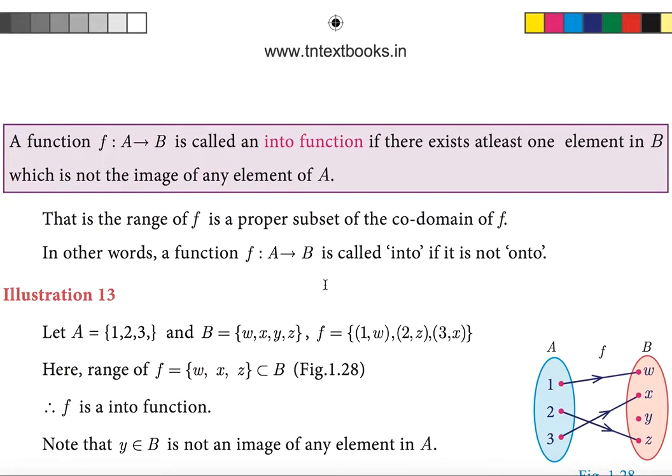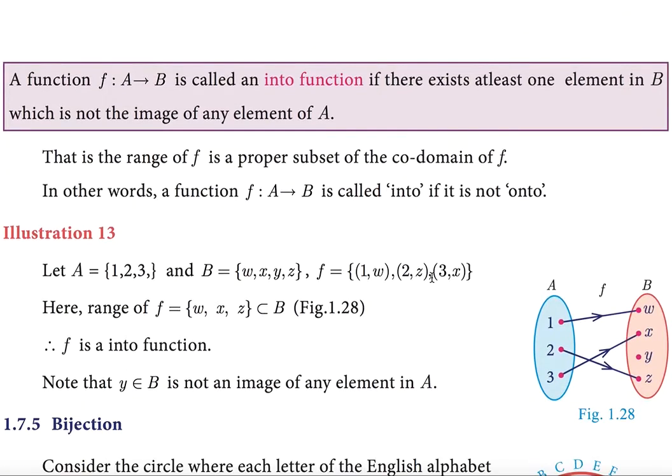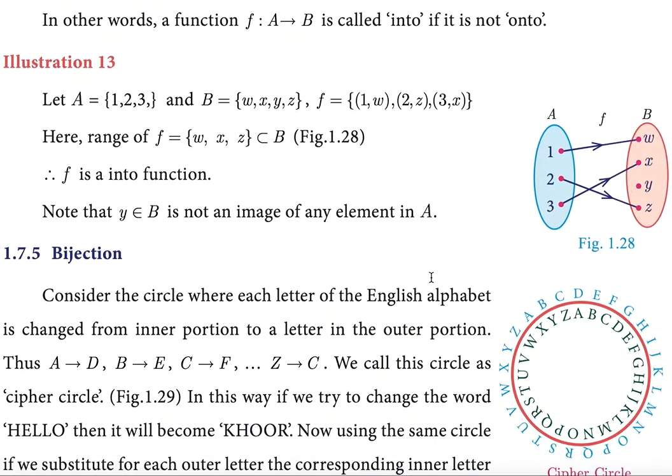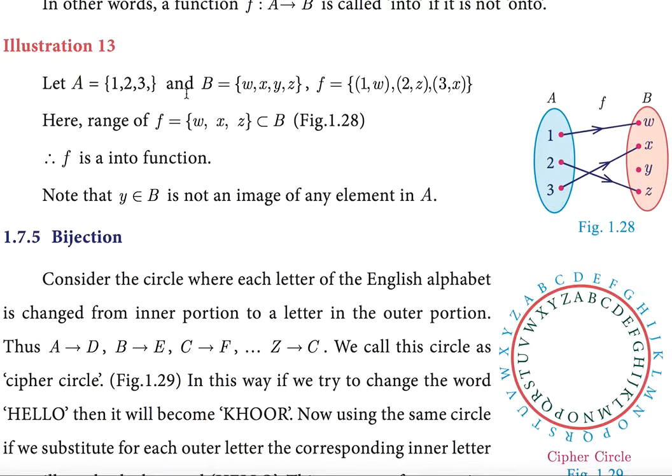In other words, a function A to B is called into if it is not onto. Right. A is this: 1, 2, 3. This is w, x, y, z. See, y is left out. 1 comma w, 2 comma z, 3 comma x. So this is into function.